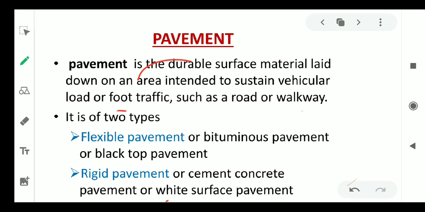So types of pavement. What are the various types of the pavement? Basically, in highway designing or road construction, there are two types of road. One is flexible pavement and another is rigid pavement.